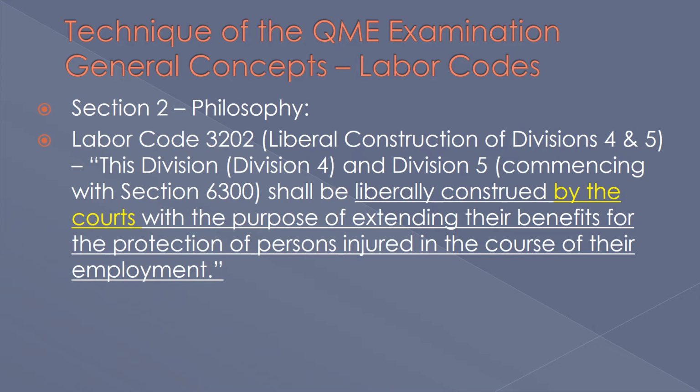I want to read this code to you word for word as it's described in the Labor Code. This is known as the Liberal Construction Code, and it is basically going to establish our philosophy and the tone of our face-to-face meeting with the injured worker. So we'll spend a little time here talking about liberal construction.